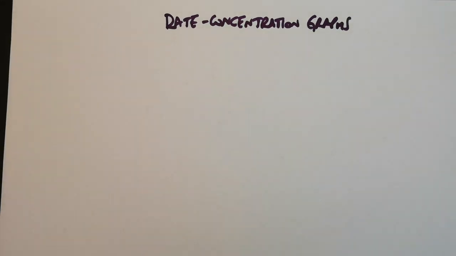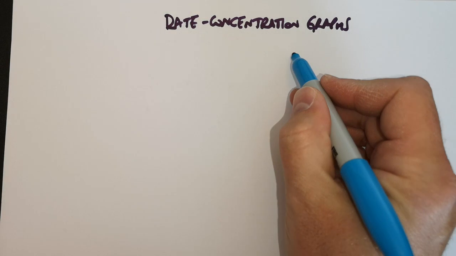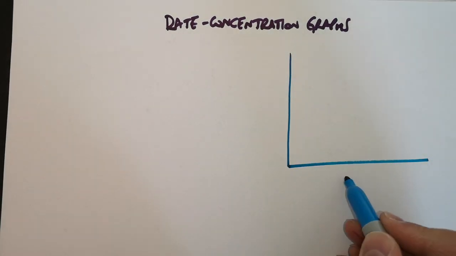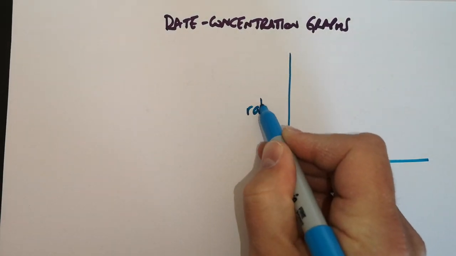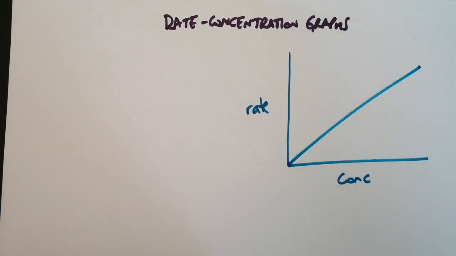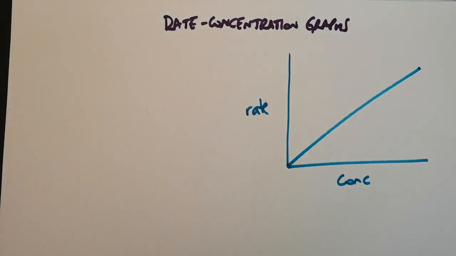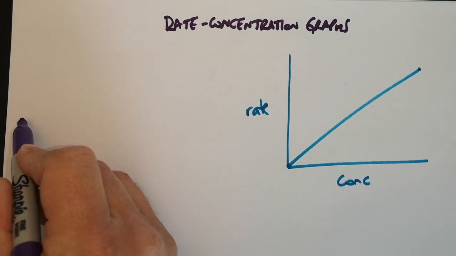In the previous video we looked at initial rates methods and how that would be used to obtain a rate concentration graph. We obtained a rate concentration graph that looked like this, with a straight line, a directly proportional relationship between concentration and rate. Now that is specifically for a first order reagent.